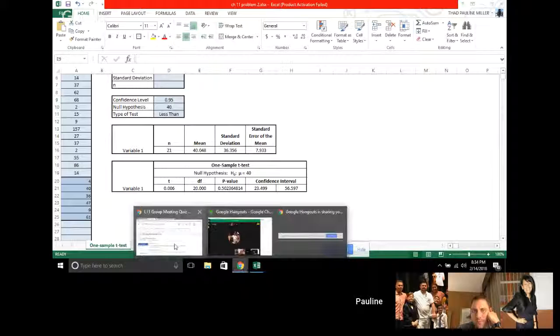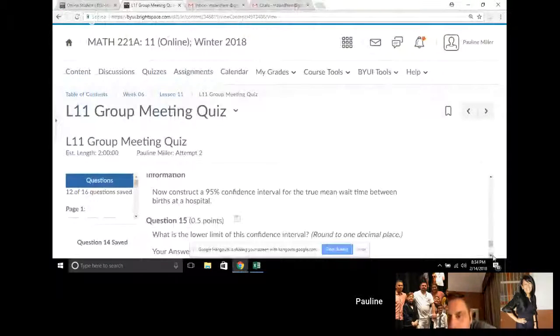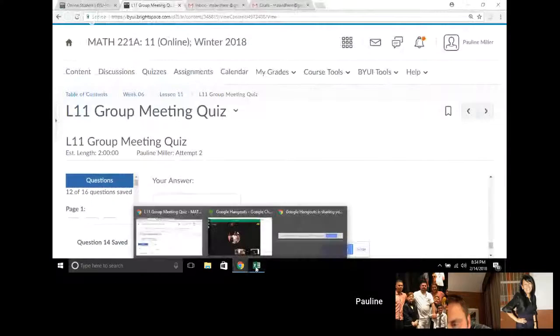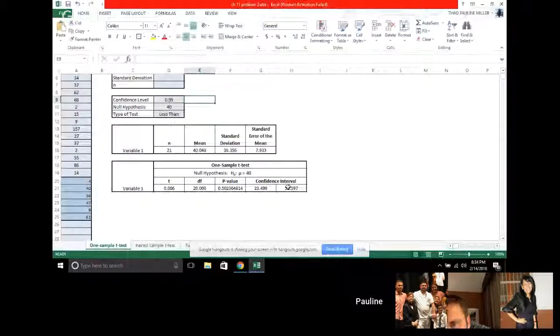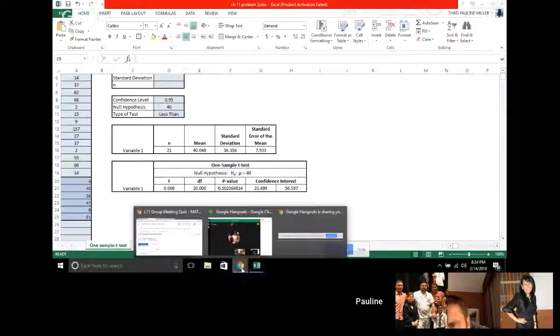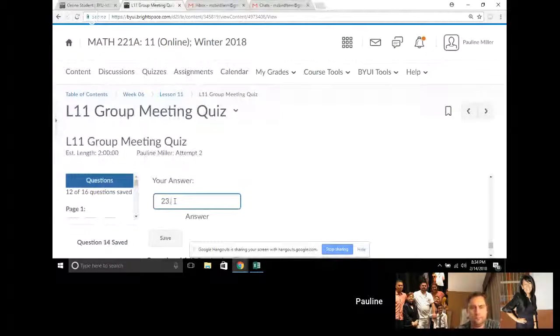And then the question is, what's the lower limit of the confidence interval? It gives us the numbers right here: here's the lower level and here's the upper level. So what did you get for those? I got 23.499. Okay, so it is rounded to 1 decimal. Oh, 5. Yes.